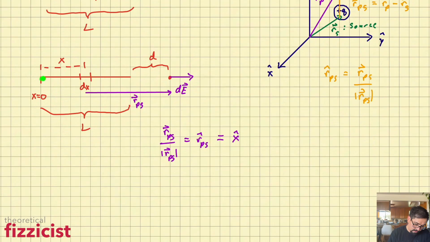In fact, we're considering all dx's, so this one, this one, this one, all the way to the very end. Does which dx we're talking about affect the direction of the electric field created by that dx? And the answer is no, it doesn't. So throughout our entire calculation, r hat PS, regardless of what chunk we're choosing, has to point to the right. A great boon to our work.